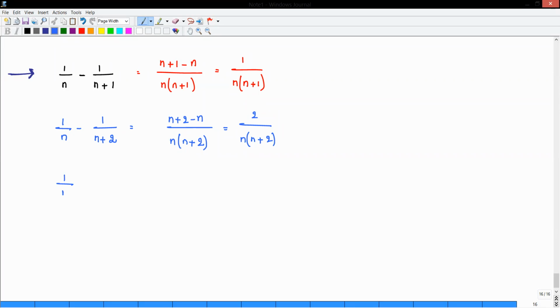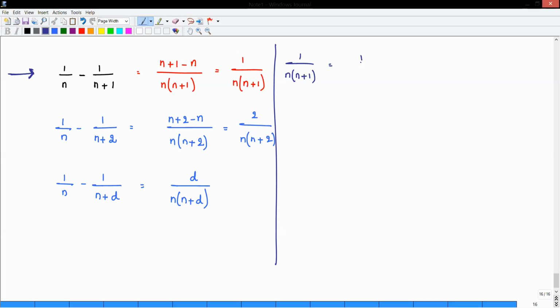If I have 1 by n, the difference is d, d by n into n plus d. So how can I write reverse? Suppose if I have 1 by n into n plus 1, I can always write it as 1 by n minus 1 by n plus 1. If I have 1 by n into n plus 2, so what is missing?